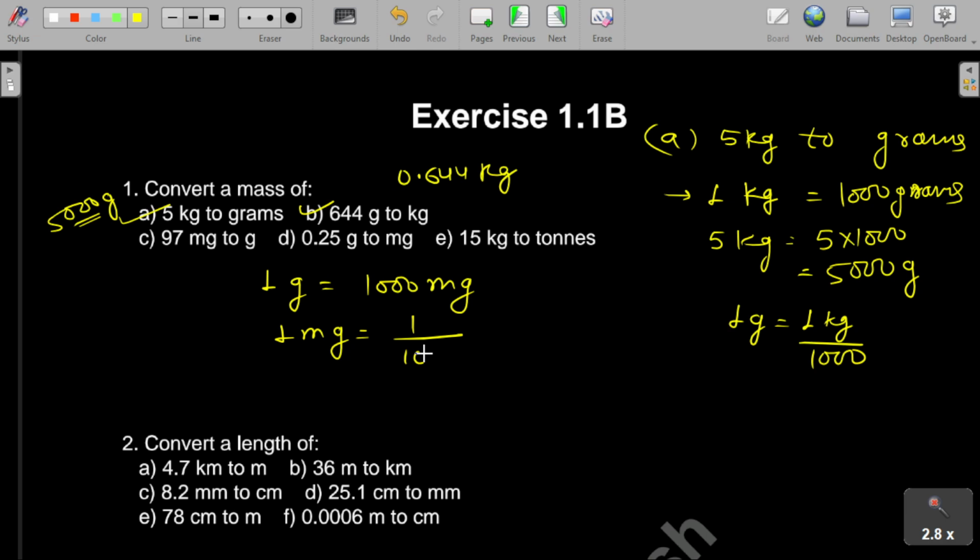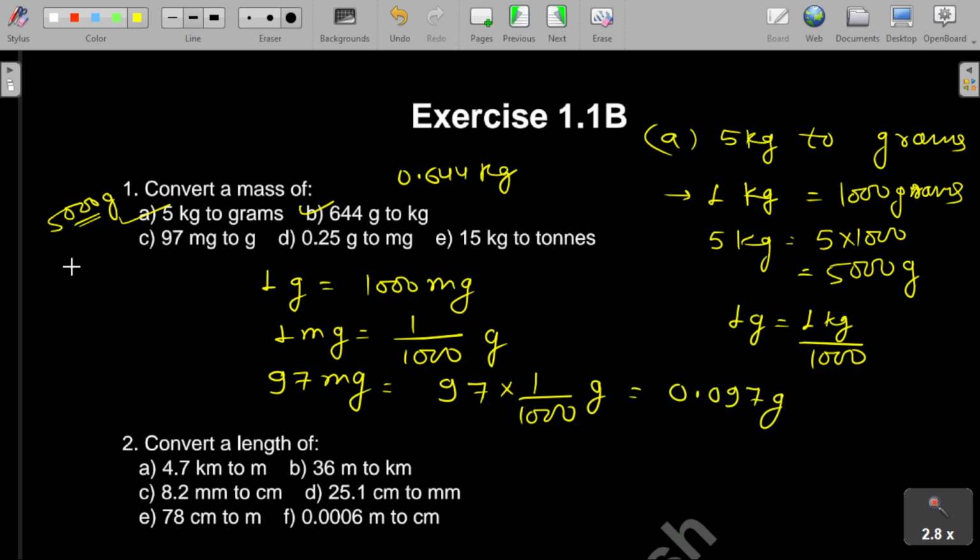So 97 milligram equal to 97 into 1 upon 1000 gram. So the answer is 0.097 gram. For C, the answer is 0.097 gram.